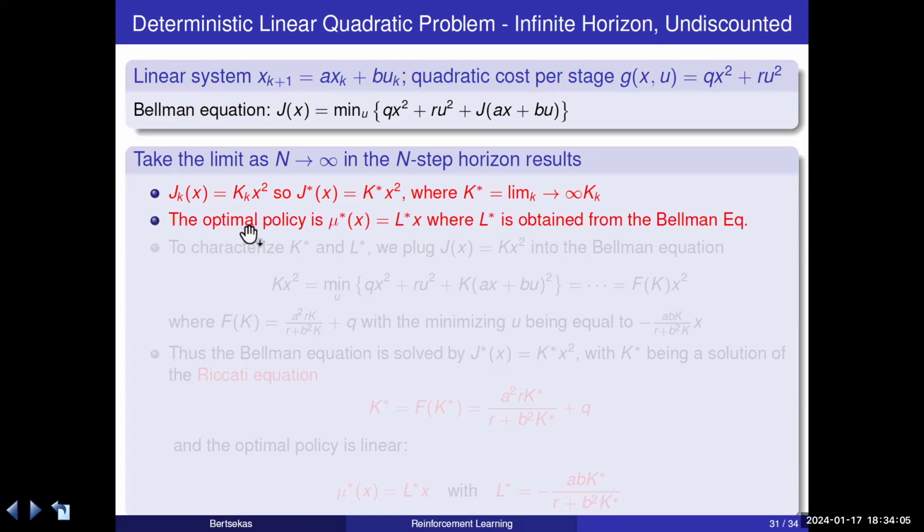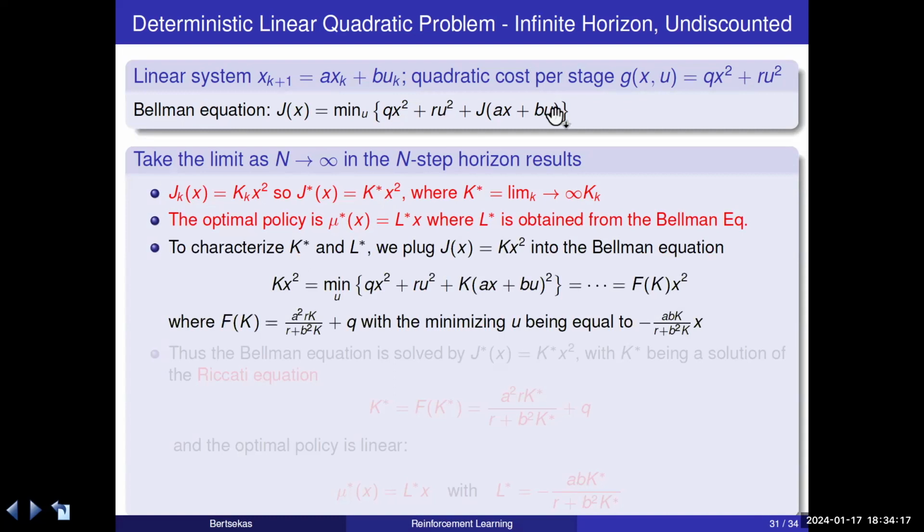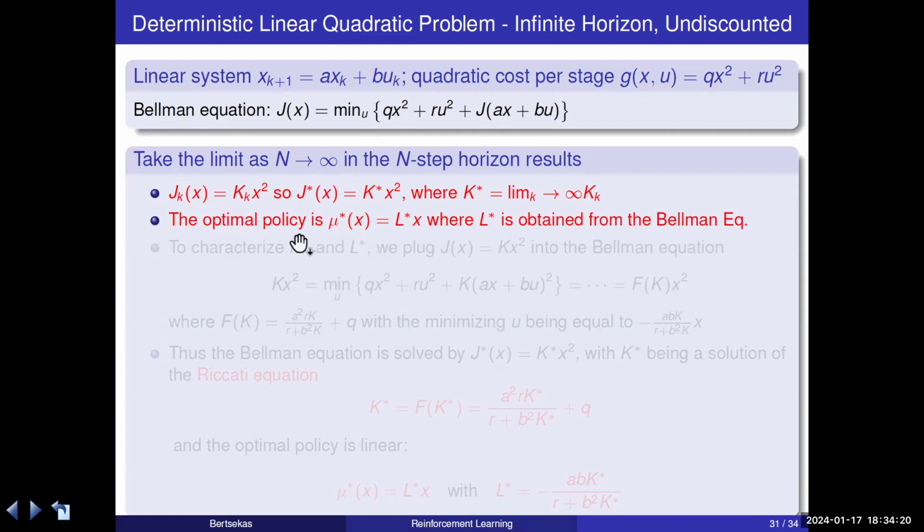And we also expect that the optimal policy is going to be linear, where L star is obtained from this Bellman equation once we plug in K star. You plug in K star here, what you obtain is a quadratic minimization that can be done in closed form, and it gives you this expression here with L star calculated readily from this quadratic minimization.